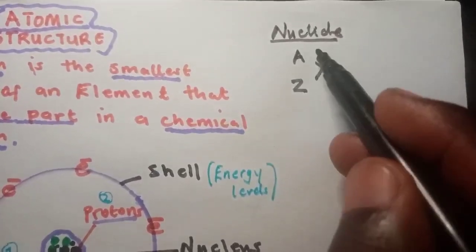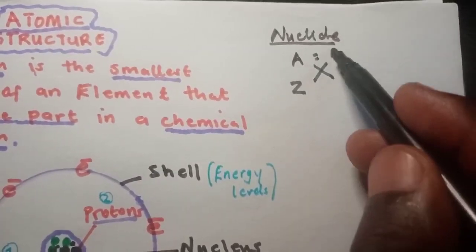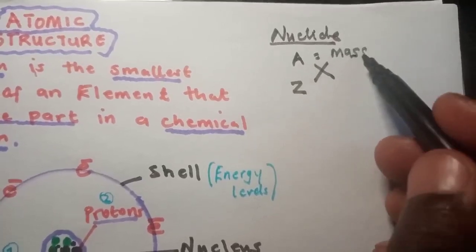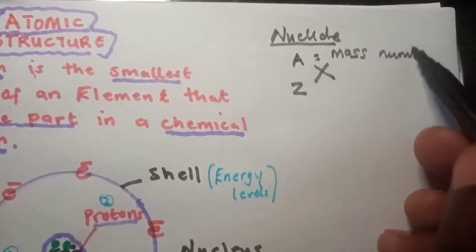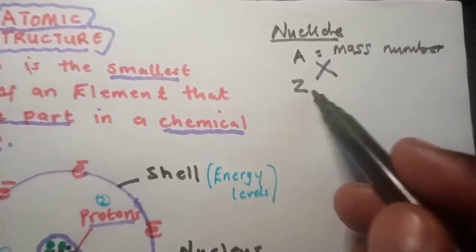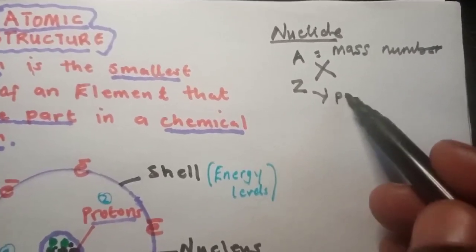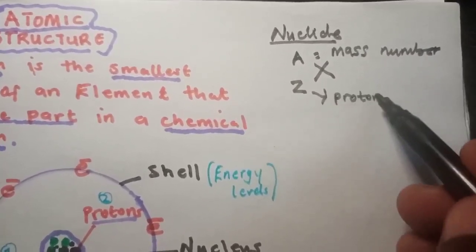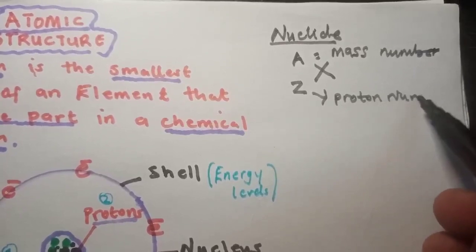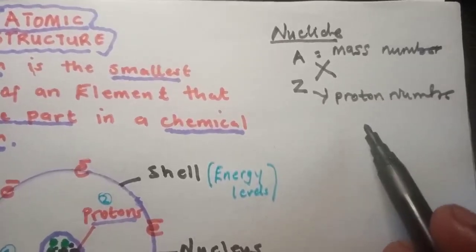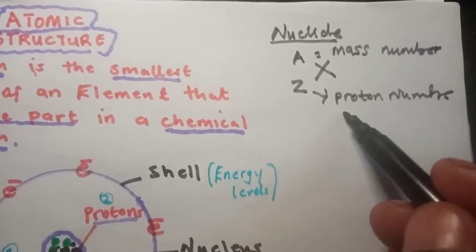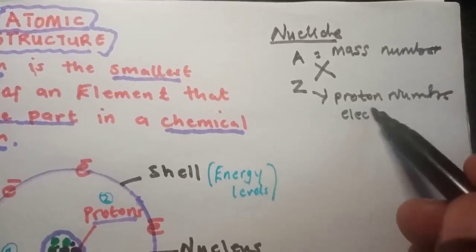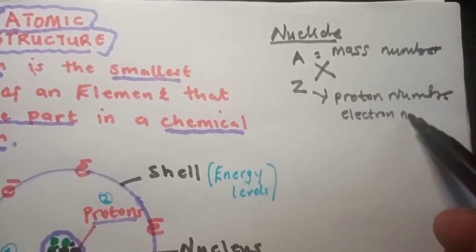So in a nuclide, the A here simply represents the mass number, and the Z simply represents the proton number. Now, since we've said proton number is equal to electron number, it also indicates the electron number.